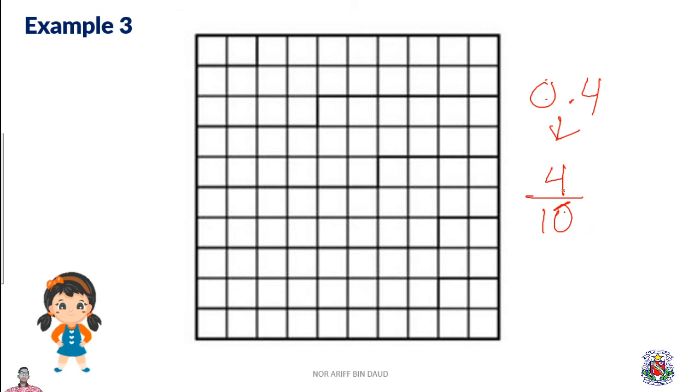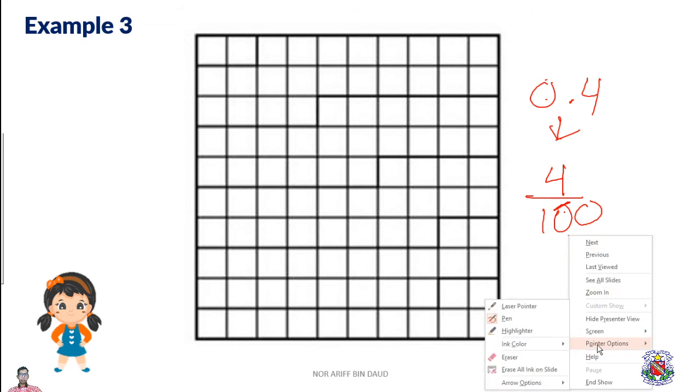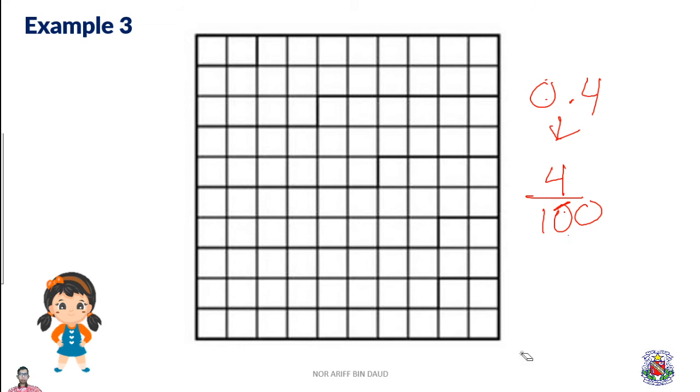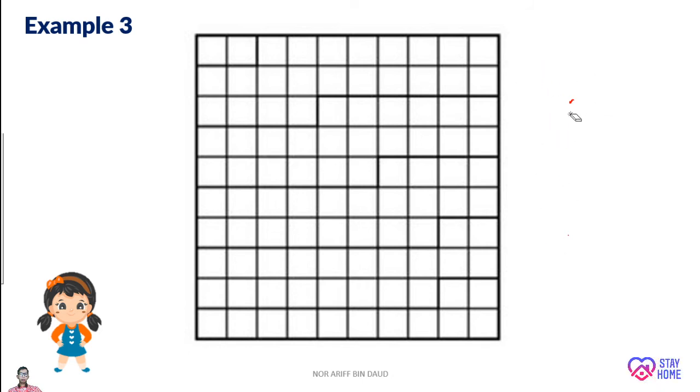If you put another 0 here, this one is not your level. Sorry, this one is standard 4. Sorry, I tried to erase this one first. Okay, the question will be like this.